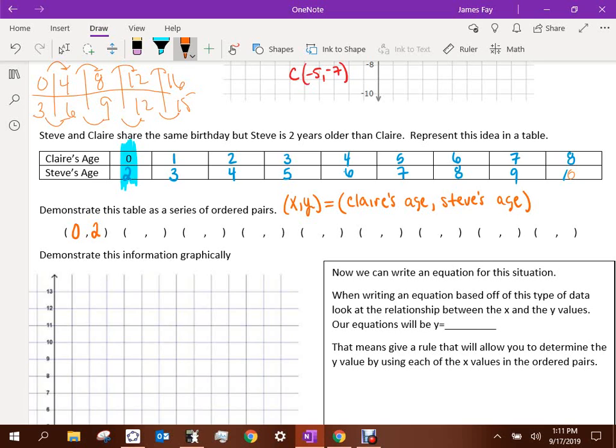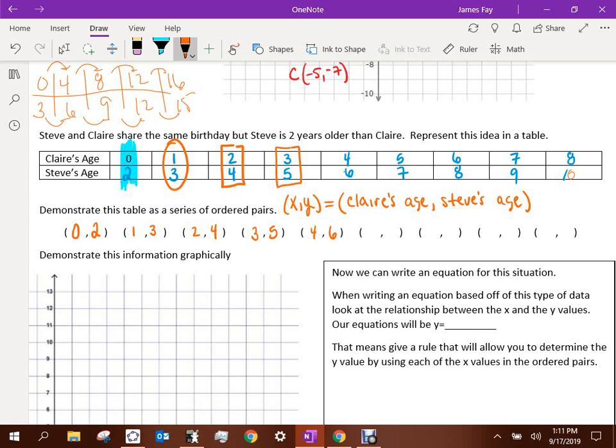Is that okay? Okay. So if I got 0, 2 is one ordered pair, then 1, 3 is going to be another ordered pair. 2, 4, another ordered pair. 3, 5, another one.